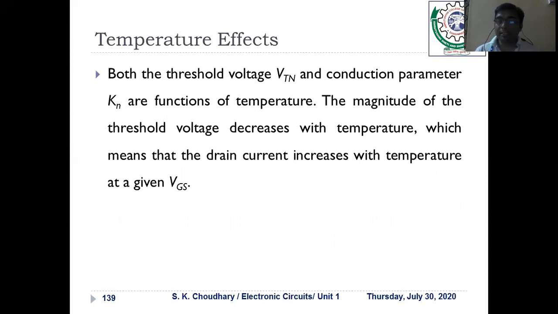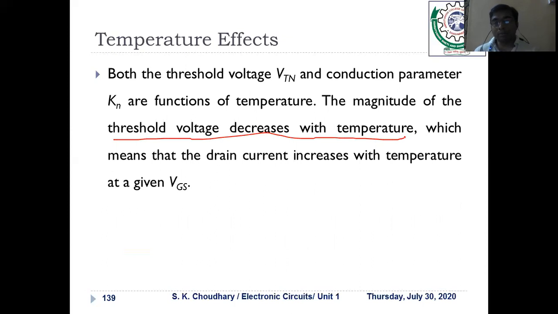Means as the temperature increases, threshold voltage decreases, which means drain current increases with temperature for a constant value of VGS. As per the formula, the threshold voltage decreases as we increase the temperature.